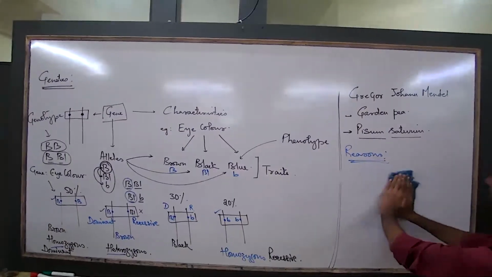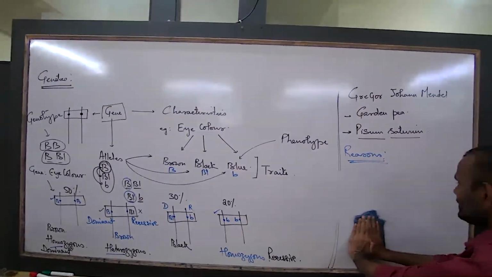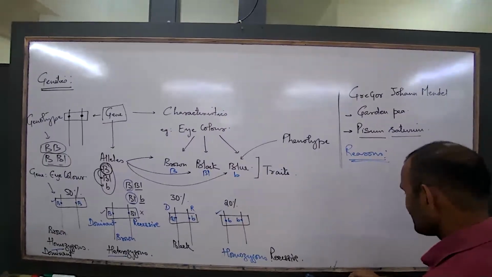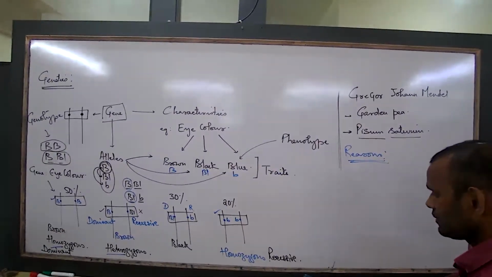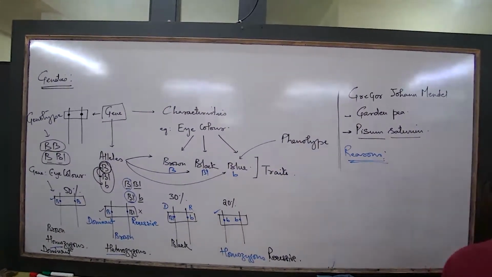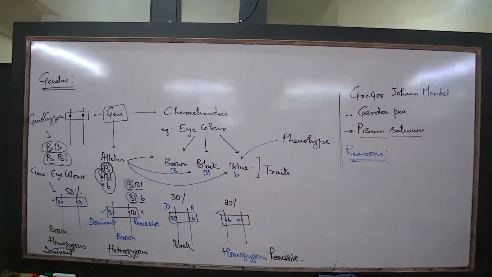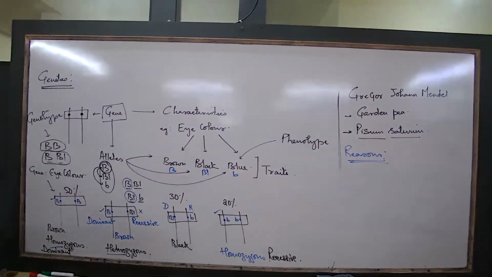Now, what are the 7 pairs of contrasting traits? We are going to understand. This is a very important part that we have to remember. The 7 pairs of contrasting traits, and based on this, the laws and the process.